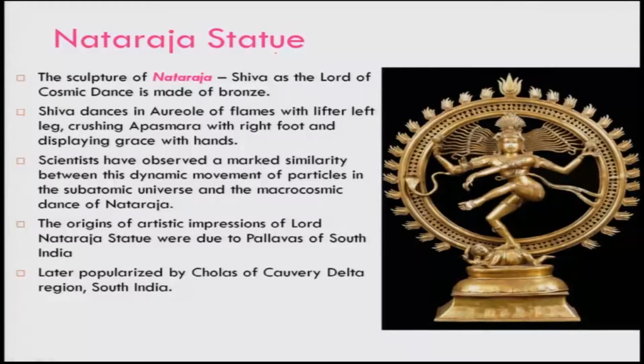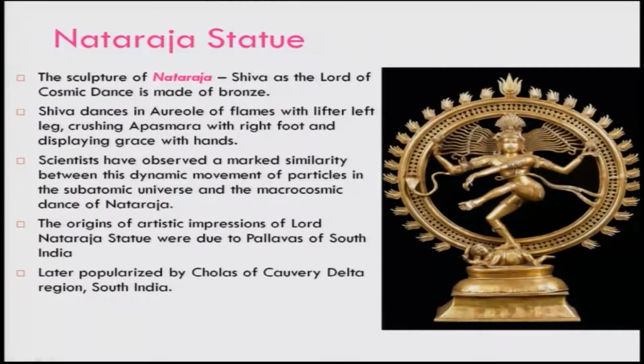And if you look at this Nataraj sculpture, which is worshipped in several temples, Chidambaram is a very important temple, in the city of Chidambaram in Tamil Nadu, which you can see is quite intricate.